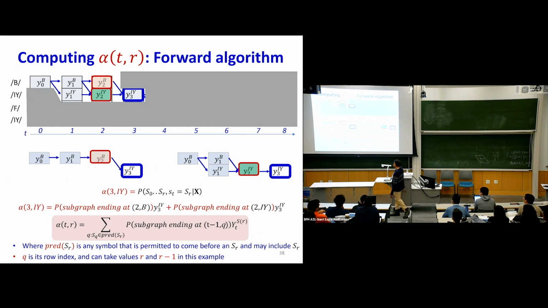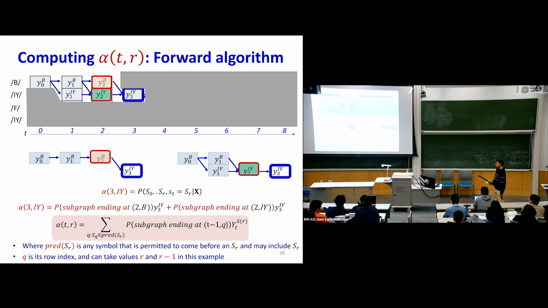So if I consider all possible ways of aligning E to 3, I can either do it by aligning B to 2 and then patching in E to 3, or by aligning E to 2, and then following it by E3.